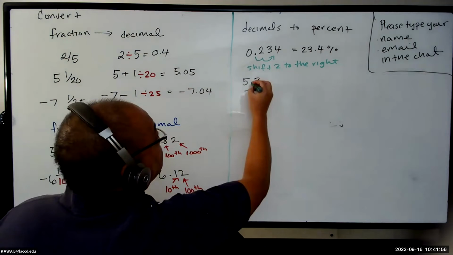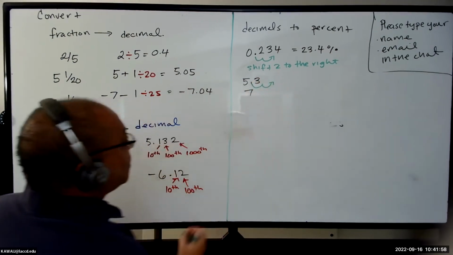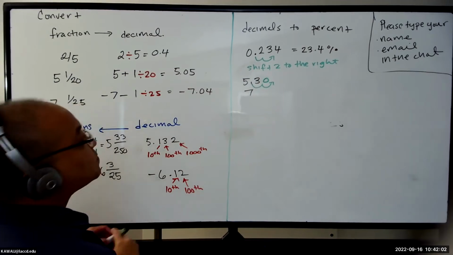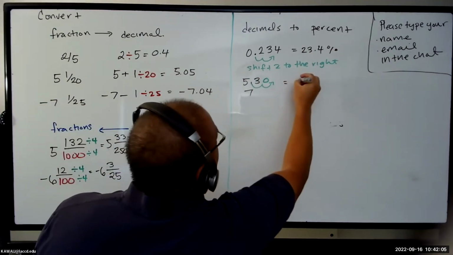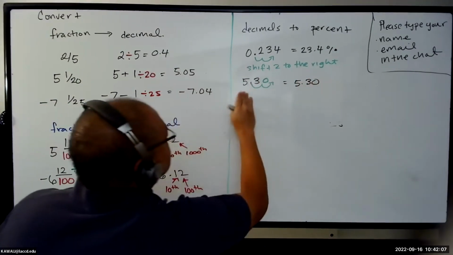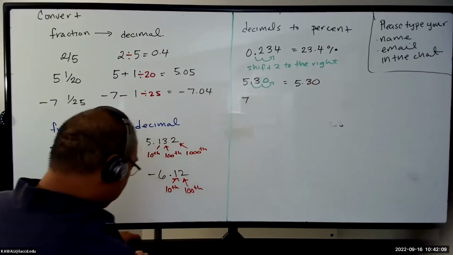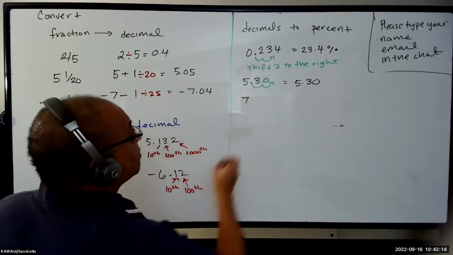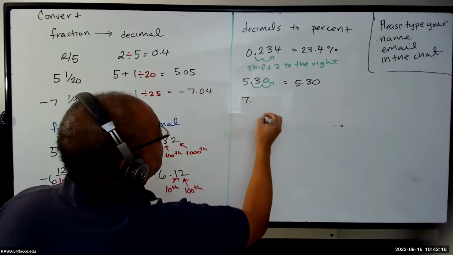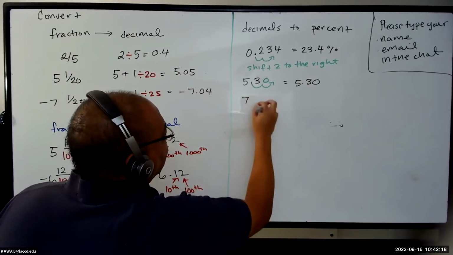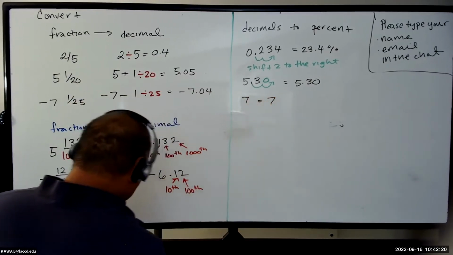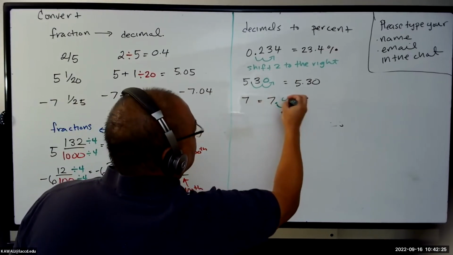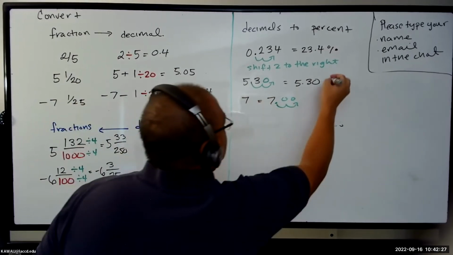Okay. So over here, we're moving 2 to the right. Now, if there's nothing there, we're going to put a 0 there. Okay. And then over here, even though there's nothing there, we can artificially put a decimal at the end and move it 2 to the right. Oh, I forgot my percent.